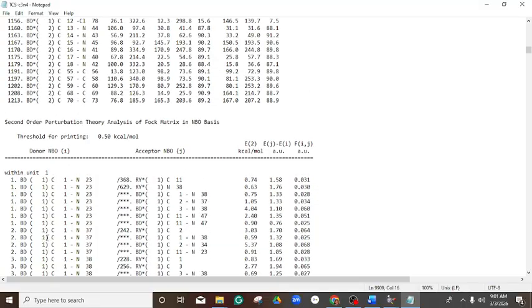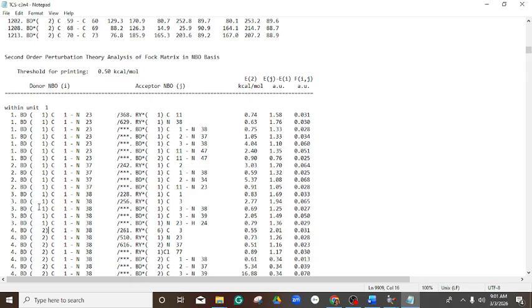If you happen to see BD asterisk on your donor orbital, do not select it. It's not feasible. But if you happen to have BD, just bonding orbital, or lone pair orbitals on your donor side, you can select. But if you have BD asterisk or LP asterisk, do not select from your donor orbital.